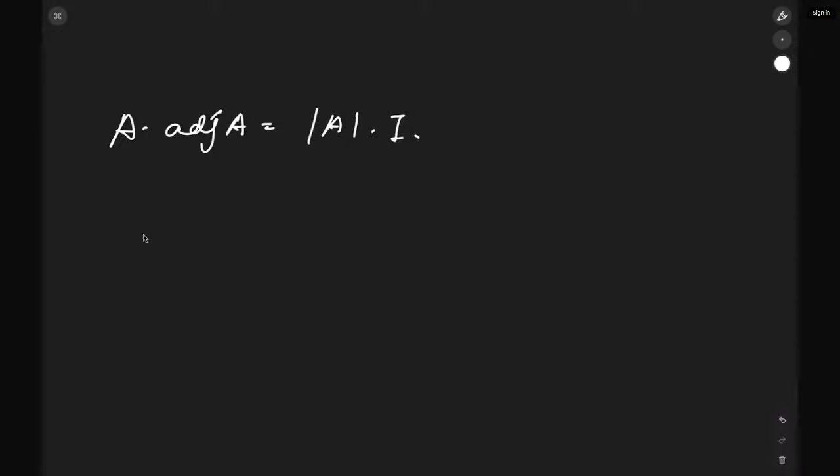So in order to prove this, we have capital A times adjoint A, A11, A12, A13.